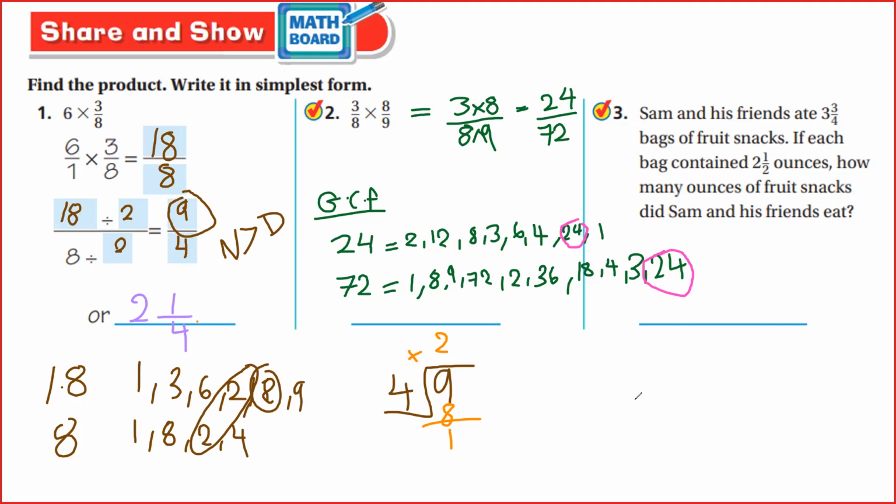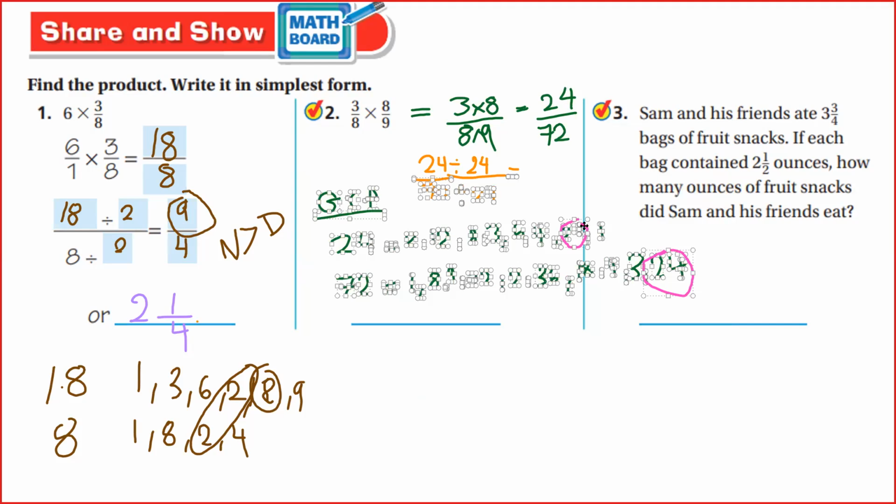So now you will divide 24 over 72 by 24. 24 over 24 is 1.